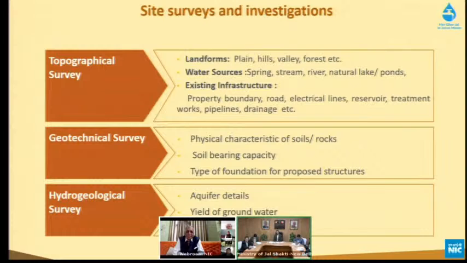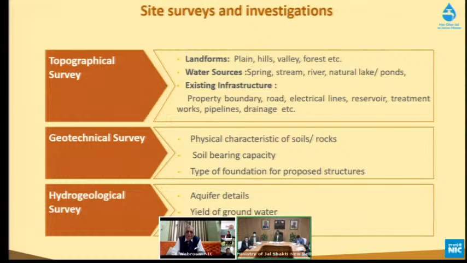Site survey and investigation is a very important aspect. Somehow I feel that this area is also a gray area, and when we design, proper importance is not given to it. When we talk about the topographical survey, it should have different components. Apart from the contour map, definitely it should have land records, what kind of land use we are showing, and what the water source availability is, whether it is surface water like a natural stream, or groundwater sources.